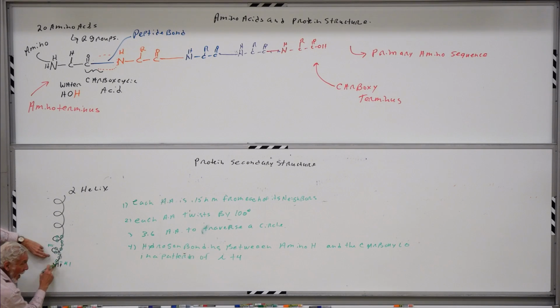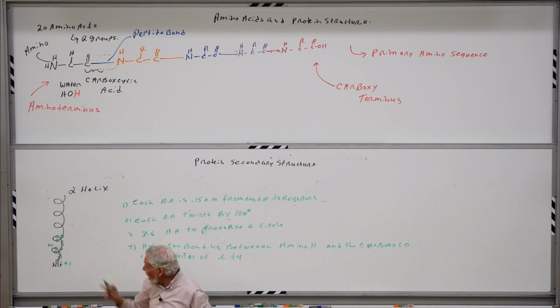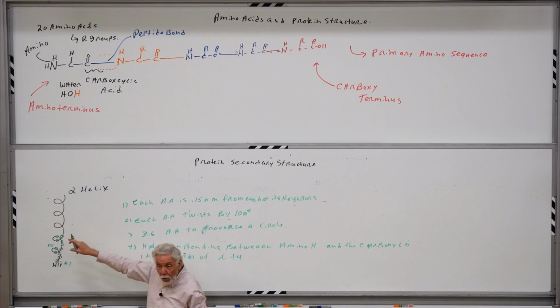So that there's this pattern of I+4 of the amine positive charge interacting with the polar negative charge on the carbonyl oxygen. And this repeats itself over and over again. It's always every I+4, every fourth amino acid.